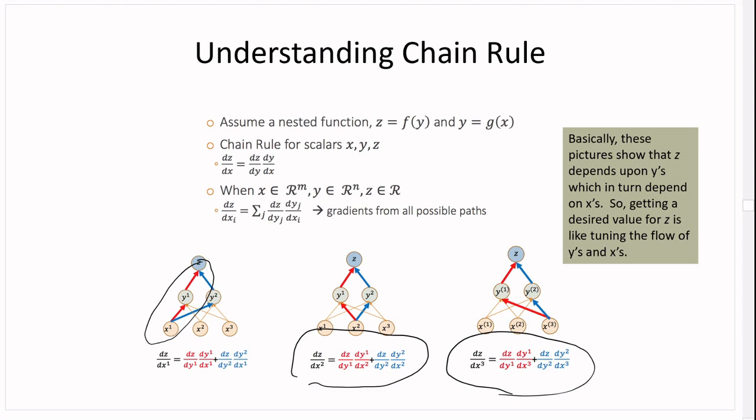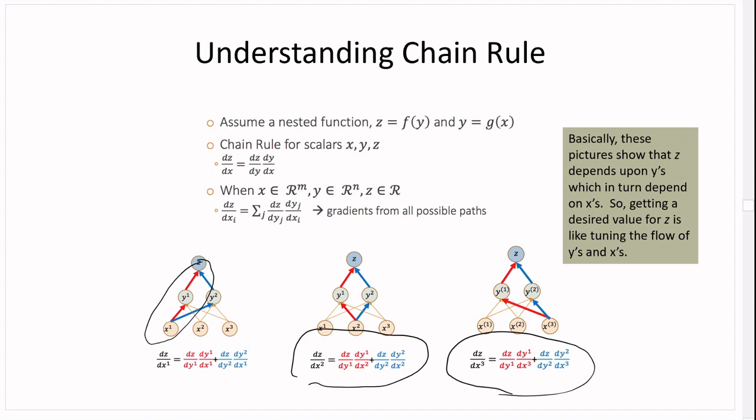But z is also controlled by y2, and y2 in turn is dependent on x1 over here. So there will be a second term here, and that will be dz by dy2 times dy2 by dx1. And similarly, you get the expressions for dz by dx2 and dz by dx3 for these two figures.